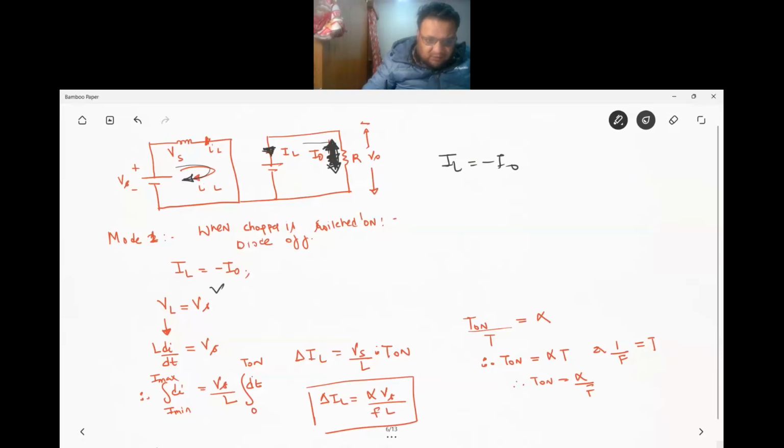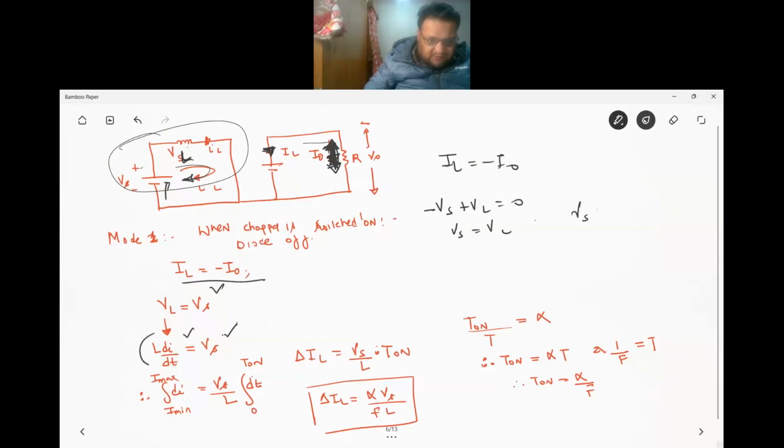Now the condition IL is equal to minus I naught means L di by dt equals the input. It is clearly noticed from this, right? Here VL is there. If you apply KVL, minus VS plus VL is equal to 0, so VS is equal to VL.